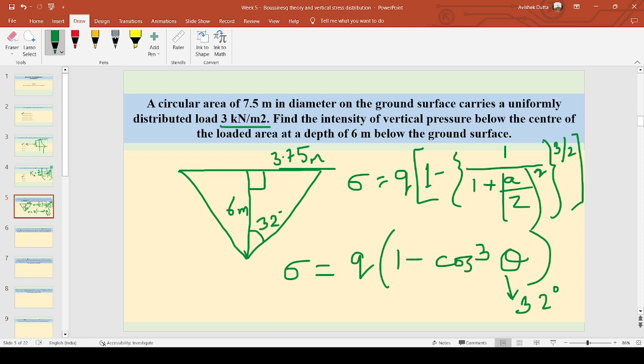Whatever formula we use, we will end up with a value of around 1.17 kilonewton per meter square. This is the answer.